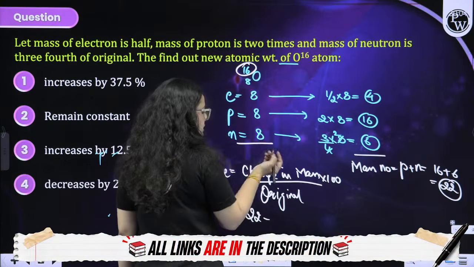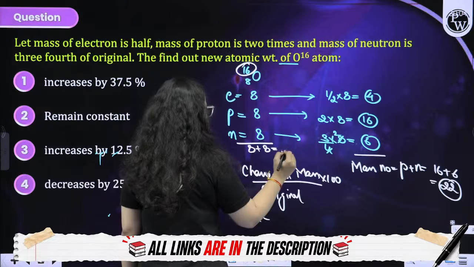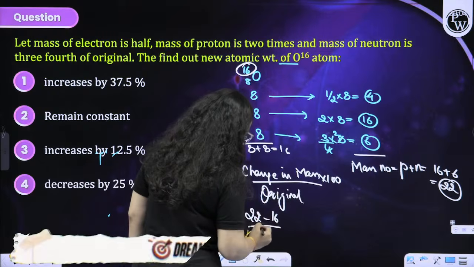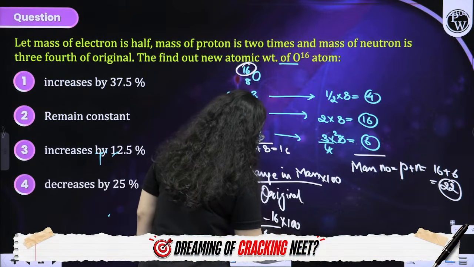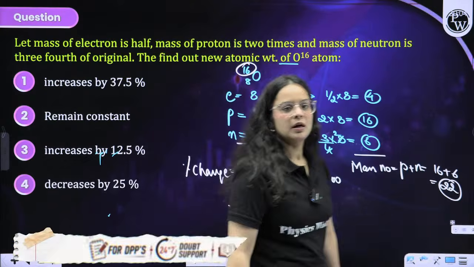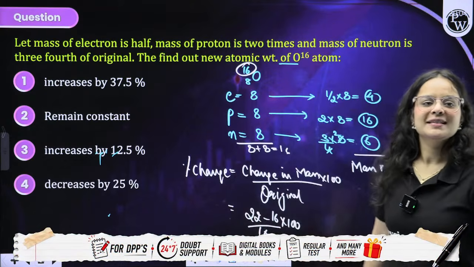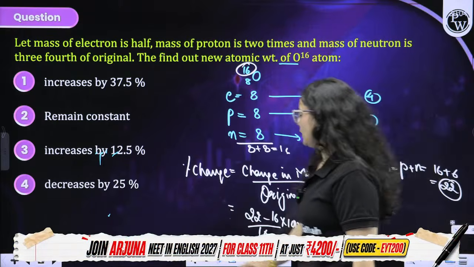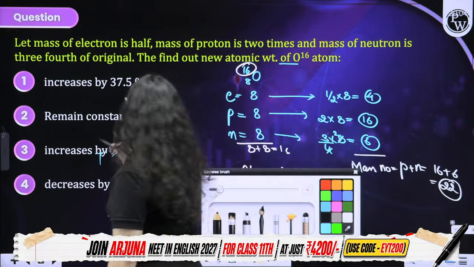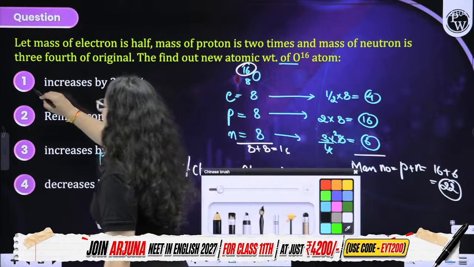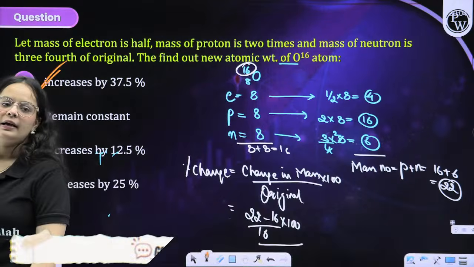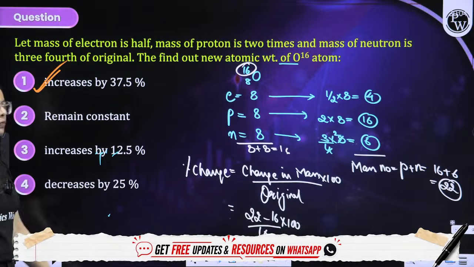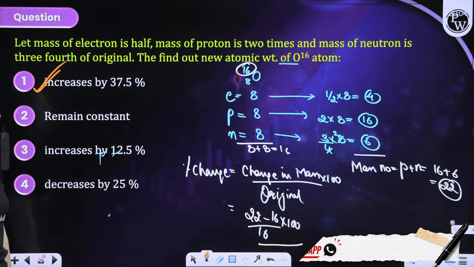Original mass was 16, 8 plus 8, that is 16 only. So 22 minus 16 upon the original into 100. How much change are you getting? Very nice, beta, you are absolutely right, it will increase by 37.5%. This is the correct answer by solving the terms over here, right? This is how you have to solve it.